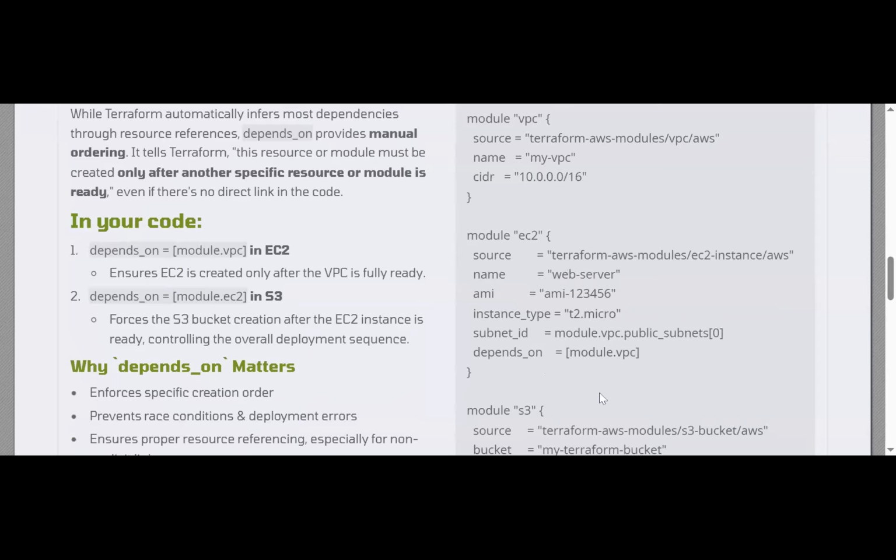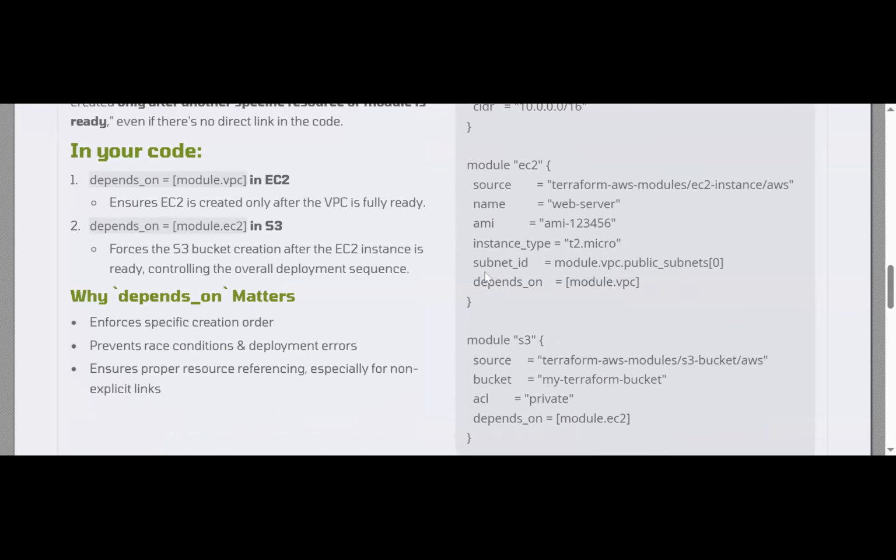You can see the CIDR block, Terraform modules, name of the web server, type, subnet, module.vpc. So depends_on matters. What depends_on is doing is enforcing the specific creation order, preventing race conditions and deployment errors, and ensuring proper resource referencing, especially for non-explicit links.